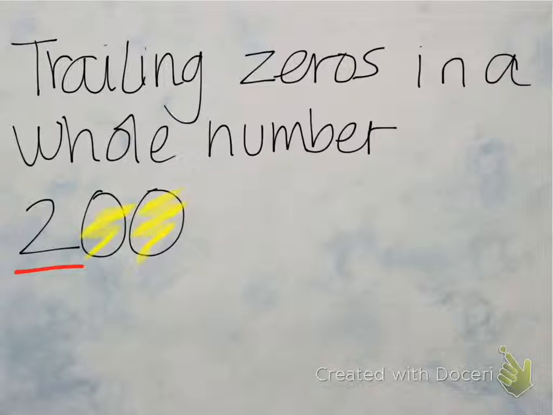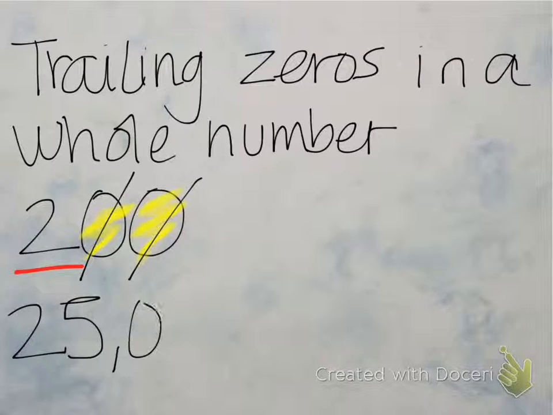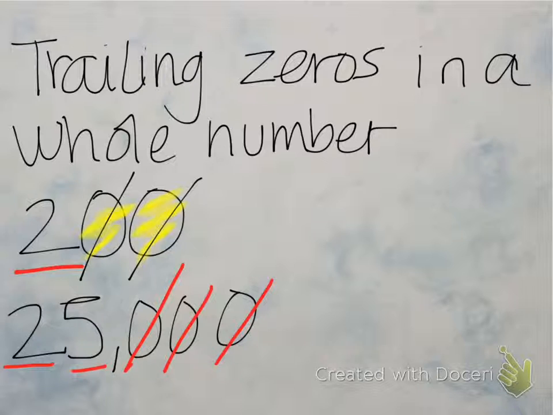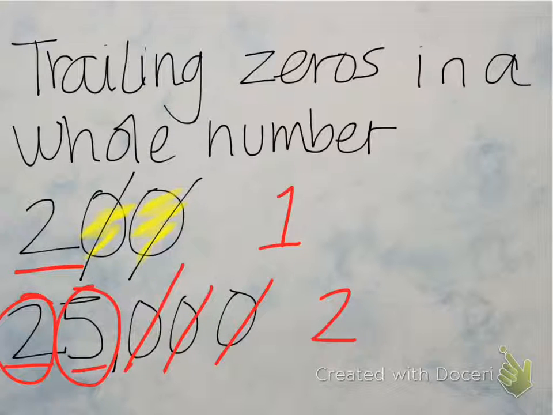Whole number is not a decimal. These are not significant numbers. Trailing zeros in a whole number are not significant. So maybe we have something like 25,000. Significant, significant, not. So this number would have one significant number, and this one would have 2.